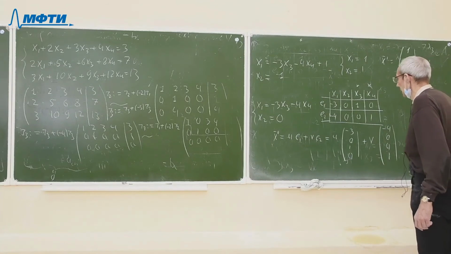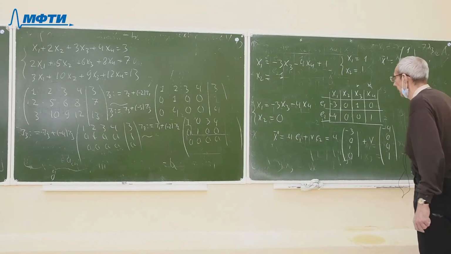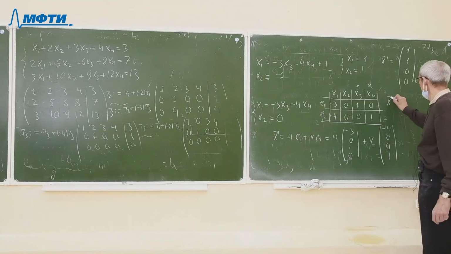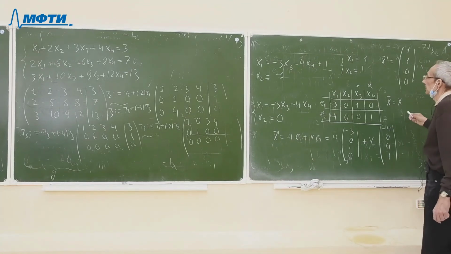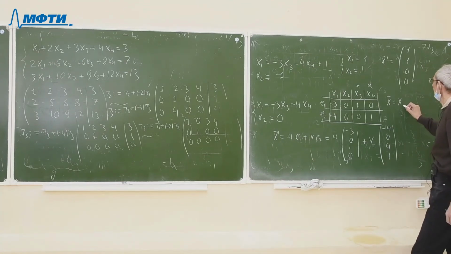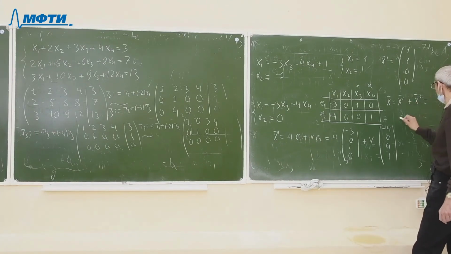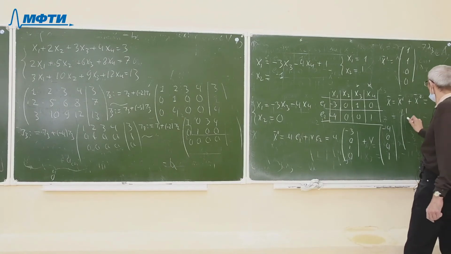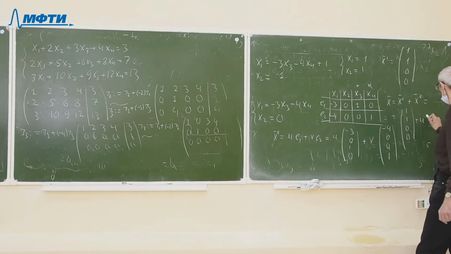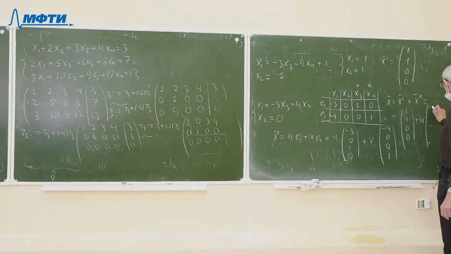And the general solution x is equal to x0, which is 1, 1, 0, 0, plus u times minus 3, 0, 1, 0 plus v times minus 4, 0, 0, 1.